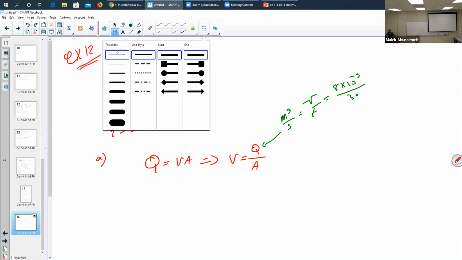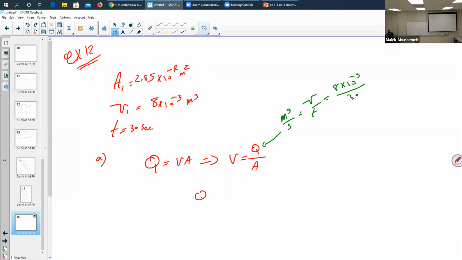So the velocity going in, V1, is going to equal the flow rate, 8 times 10 to the negative 3 divided by 30, divided by your area, 2.85 times 10 to the negative 4. Let's plug this in. What I got was 0.936 meters per second. That's just for part A.